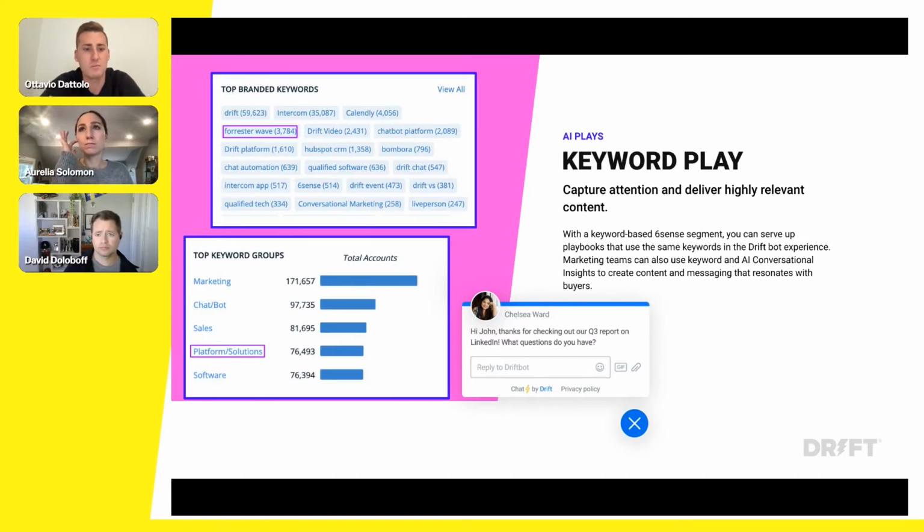David, has your team tampered with this a little bit? Oh man, yeah, absolutely. The BDR team loves these keywords. This is something that we leverage through Drift, through really every communication tool that we have, to make sure that not only are the plays that we have in Drift loaded with the branded keywords, but also how we communicate with the prospect who, for example, is interested in the Forrester Wave, or is interested in Bombora, things like that.